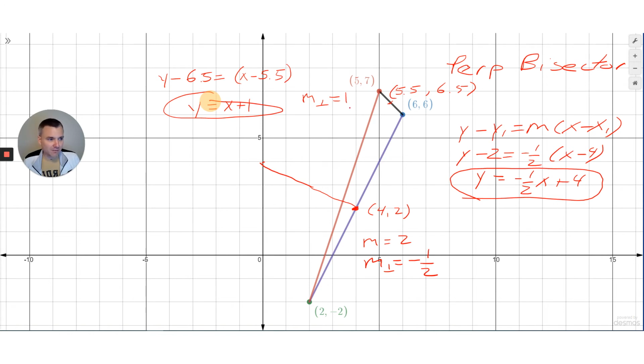Now, in order to find the point of concurrency, if I draw that out, that's a slope of 1. I can see that they meet right here, but I can also set these 2 equations equal to each other. So x plus 1 is equal to -1/2 x plus 4. I bring all my x's to one side, so I add 1/2 x to both sides, and I bring all my numbers to the other side by subtracting 1 from both sides. I multiply by the reciprocal of 3/2, which is 2/3.